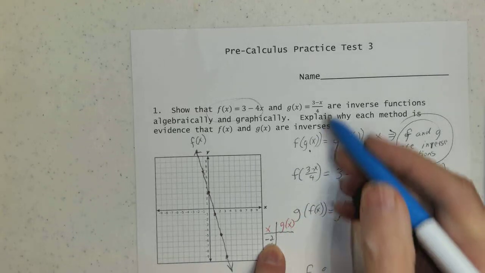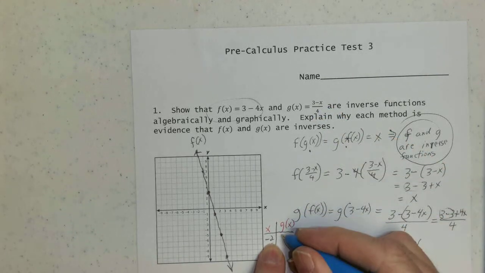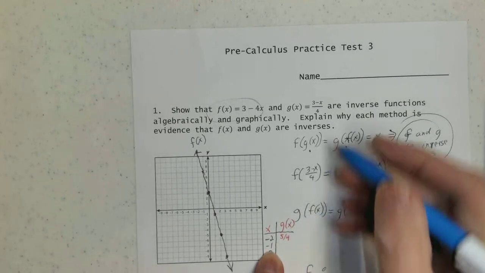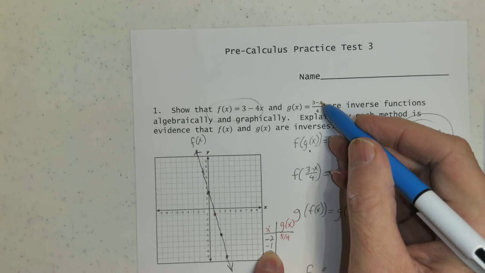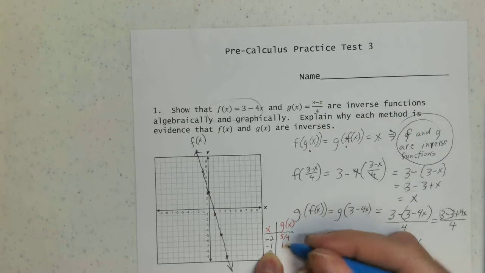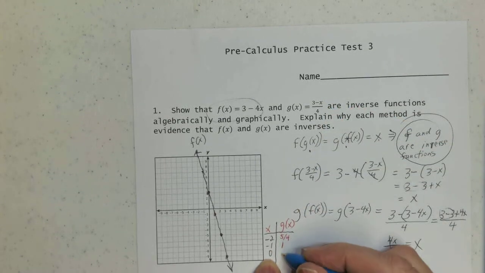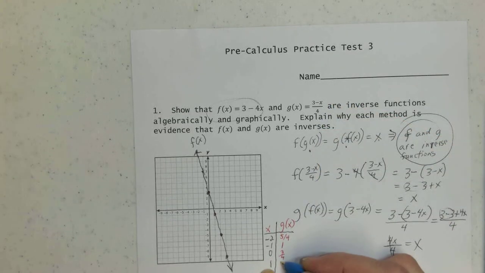So 3 minus negative 2 is 5. This is 5/4. 3 minus negative 1 is 4. 4 divided by 4 is 1. 3 minus 0, that's 3/4. 3 minus 1 is 2. 2/4 is 1/2. This is 1/4. Okay.